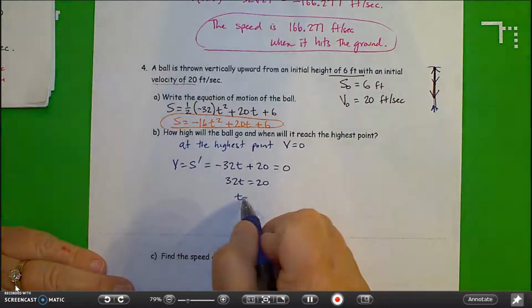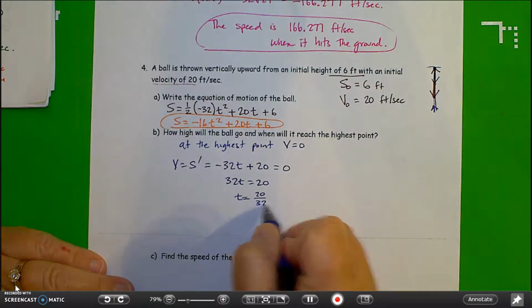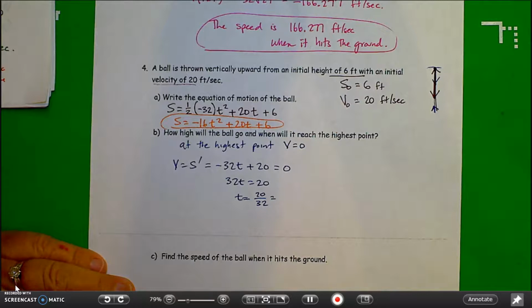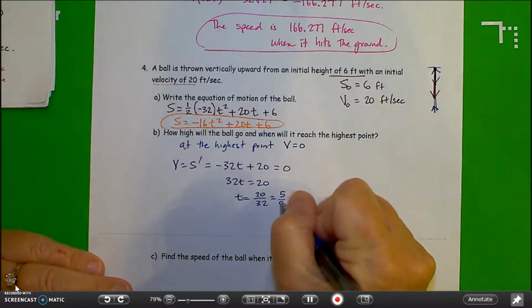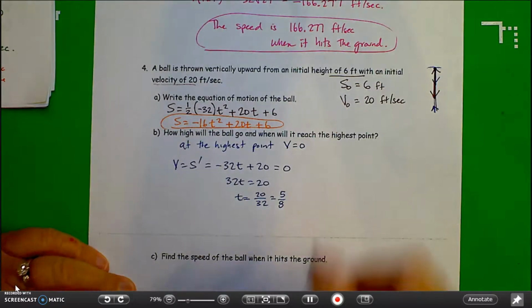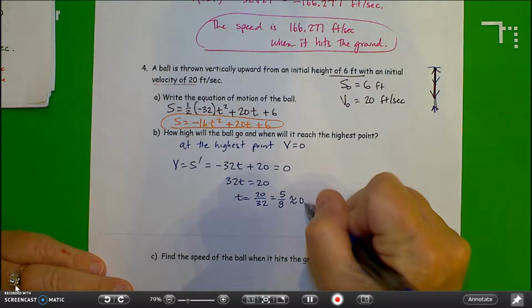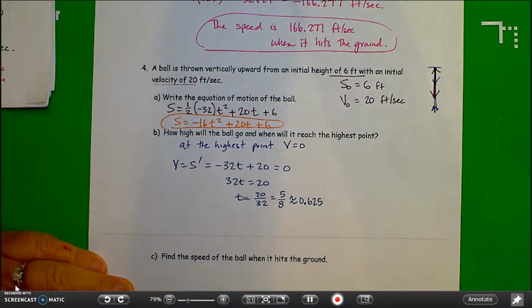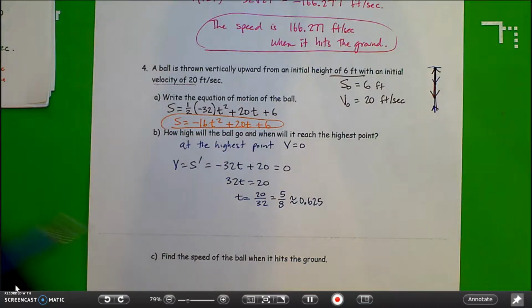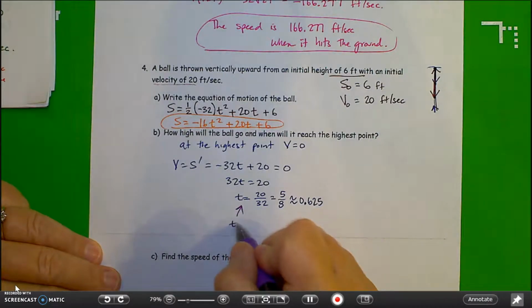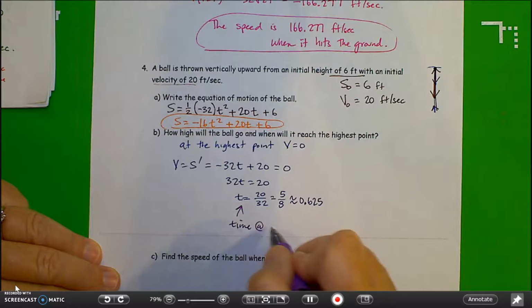T equals 20 over 32. And that reduces to 5/8. 5/8 is 0.625. It's a terminating decimal. Either of those values will work. Okay. Keep in mind this is my time at the highest point.